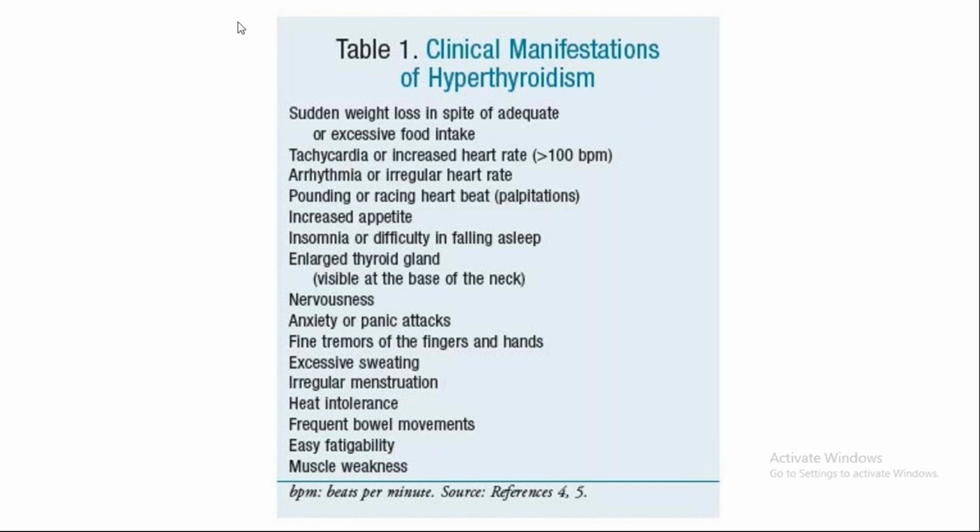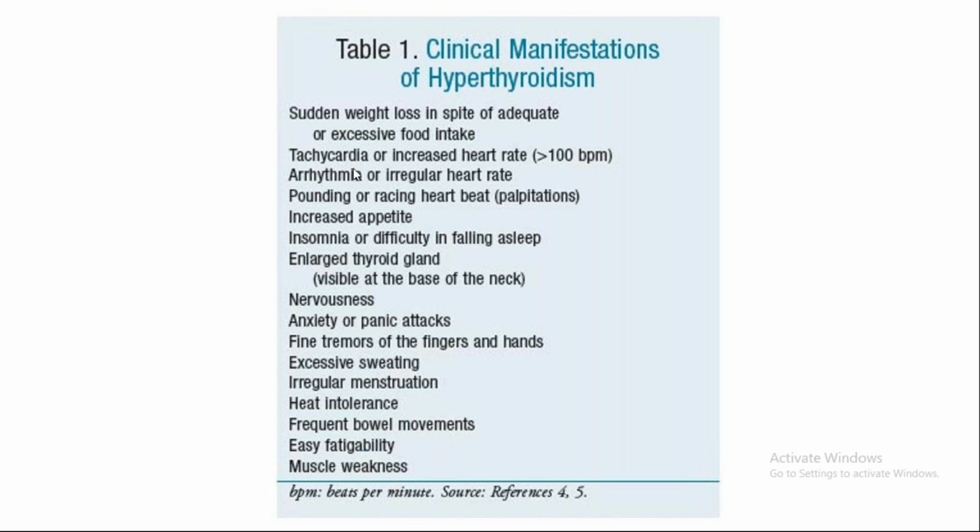The clinical manifestations of the hyperthyroid patient: increased thyroid hormone activity increases the nutrient utilization and ultimately increases the body temperature, and that will lead to increased protein catabolic activity and increased lipolysis. Ultimately, that will lead to loss of weight, and that will lead to excessive food intake. So these are the manifestations of the hyperthyroid person.